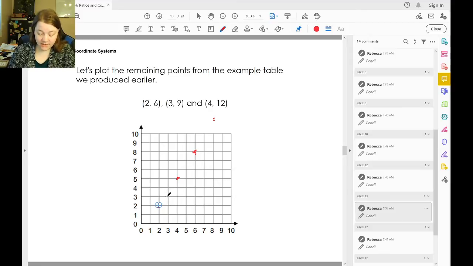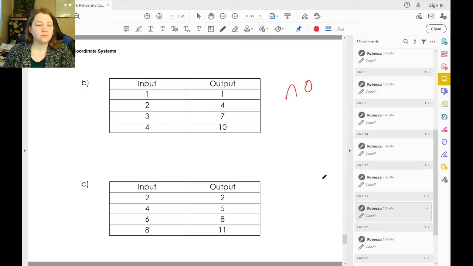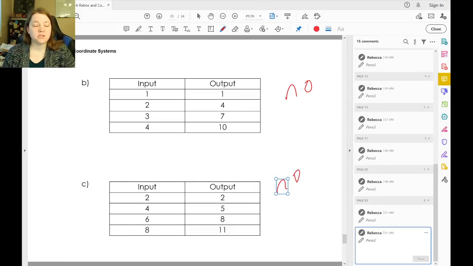And I can see that these don't even make a straight line here, which is not at all helpful for a ratio table. So this would also not be a ratio table.